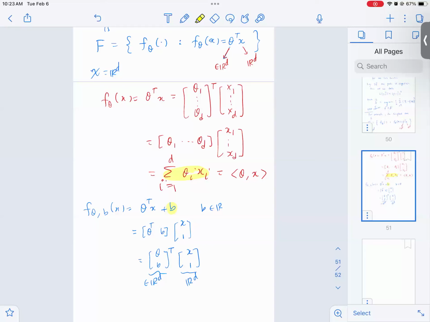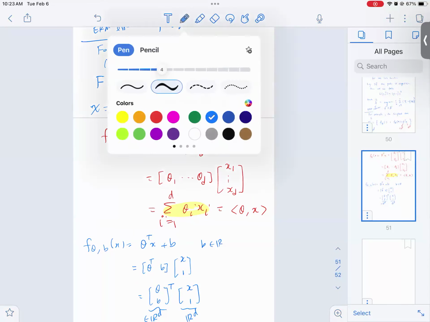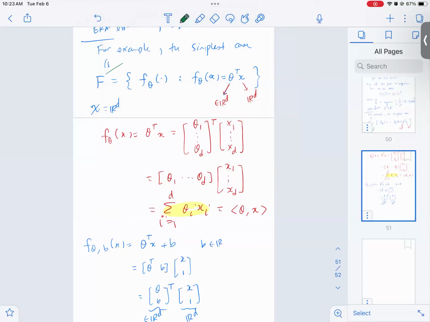These are called weights, these are biases, weights and biases. For statisticians, they're all parameters. And so I'm going to work with this for now. So let's restrict to this. This is the class of linear functions on Rd. Okay, so that's perhaps the simplest class.